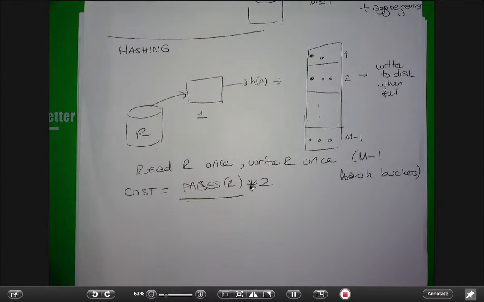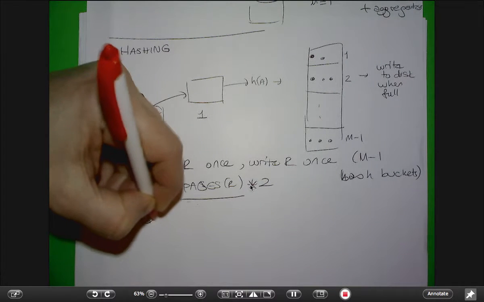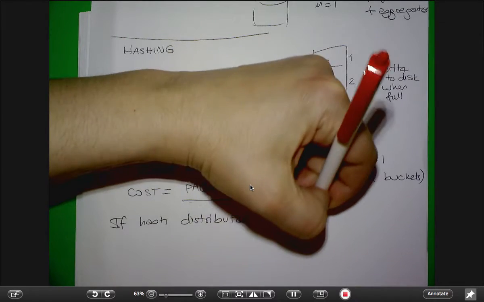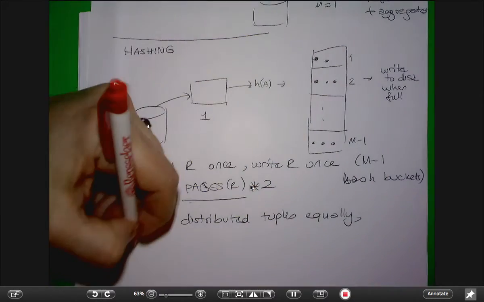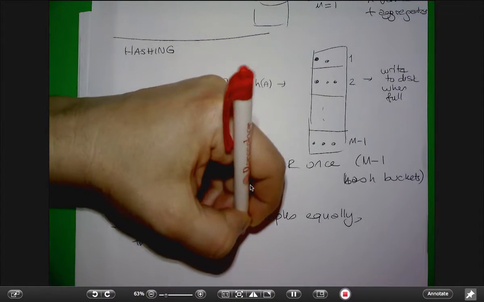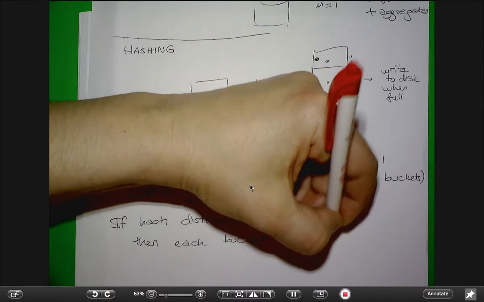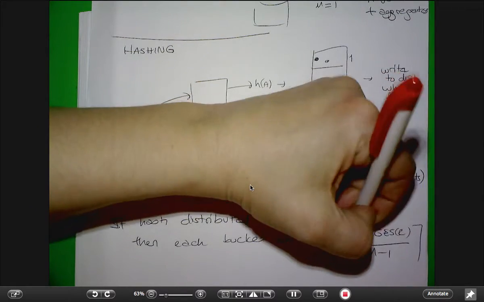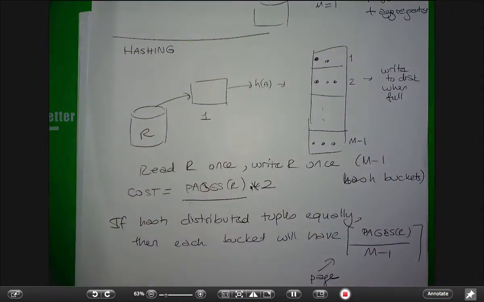Okay, so in the unlikely event that all the buckets have the same number of data, so if my hash was perfect, if the hash distributed tuples equally, then each bucket will have this many pages of R. So if I was able to distribute it evenly, this is how many pages I will have for each bucket.